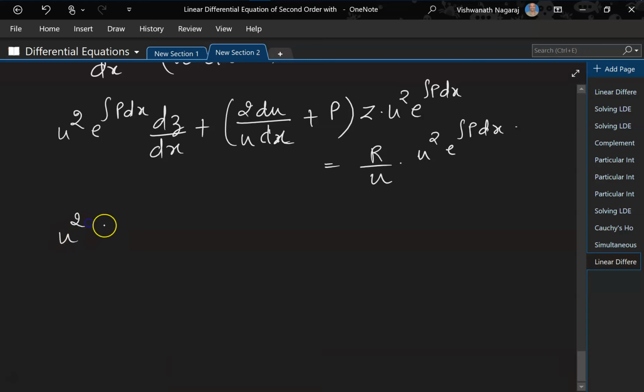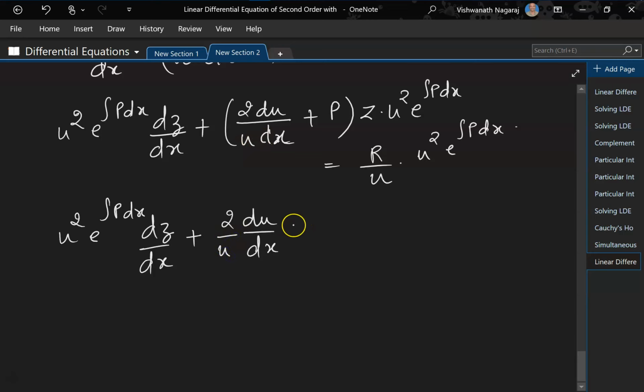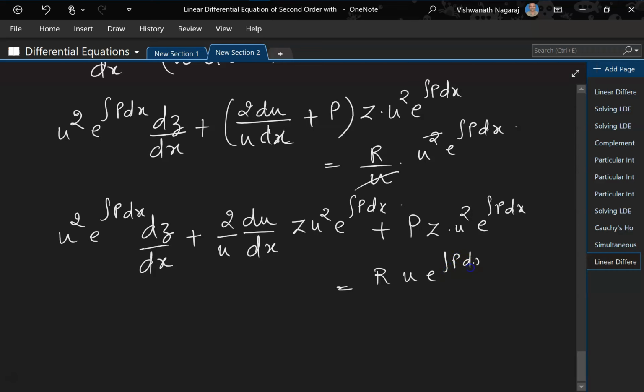Let's open it up. u square e to the power of integral of p dx dz/dx plus 2 du/dx, u z e to the power of integral of p dx, plus p z u square e to the power of integral of p dx is equal to r, this u and this cancel, r u e to the power of integral of p dx.